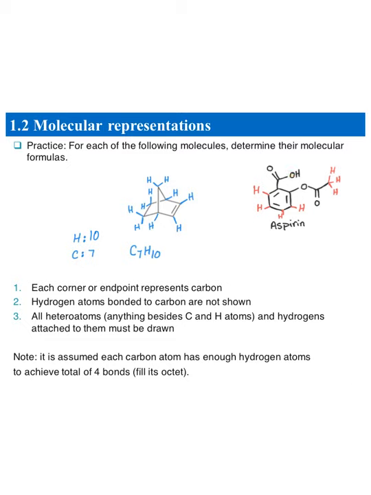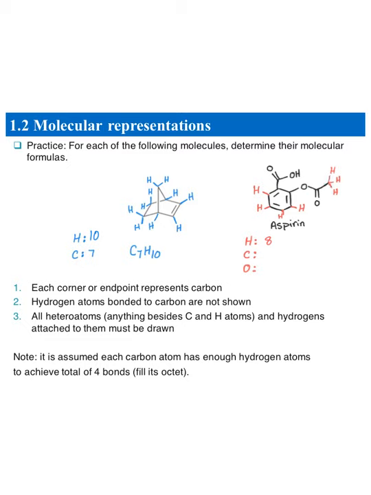We have hydrogens here. We have carbon and we have oxygen on this molecule. So let's count the number of hydrogens. 1, 2, 3, 4, 5, 6, 7, 8. 8 hydrogens. Number of carbons, remember endpoints and corners.